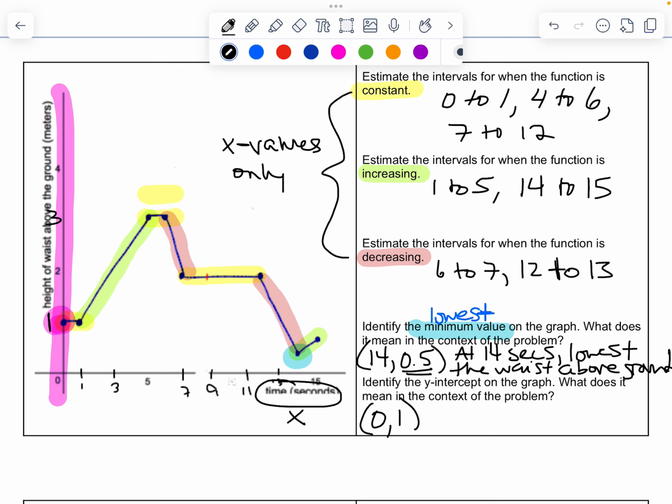In this scenario, when this situation starts, we know that the height of the waist above the ground would be 1 meter.